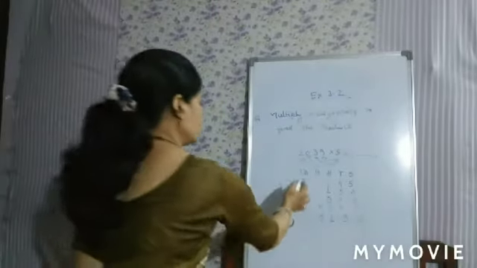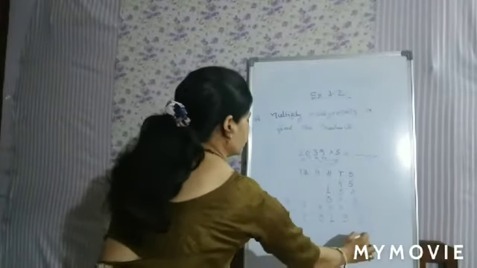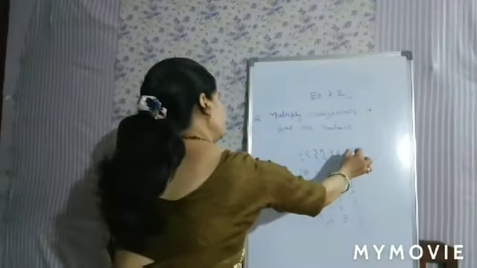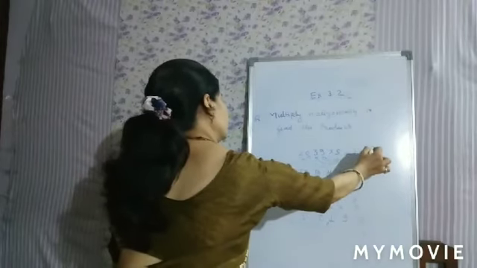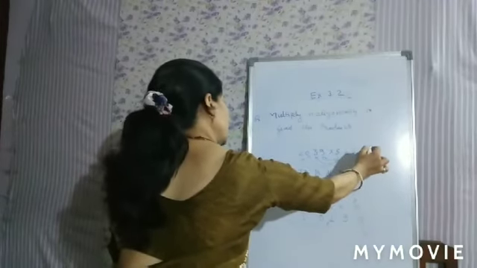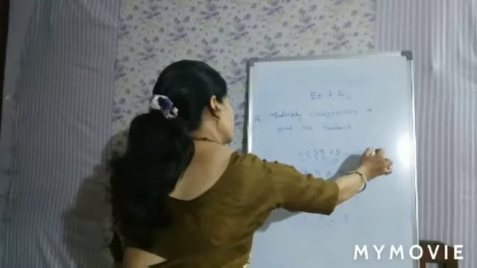And in 10,000 column you have only 1. So what will you get here? 10,195. So when we multiply 5 and 2039, you will get 10,195 as the product.